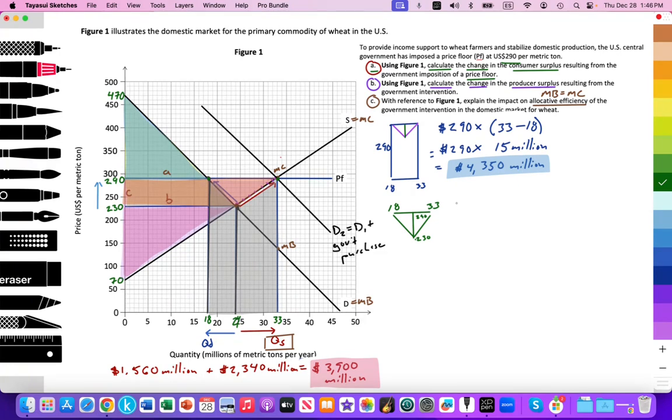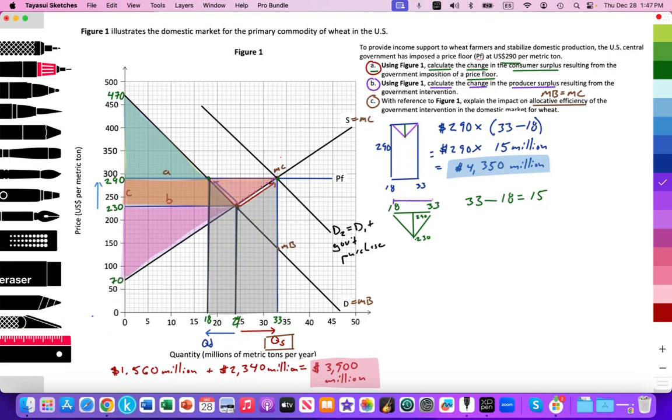All right, so these would be the workings, base times height. Let's do the base. 33 million metric tons minus 18 gives us 15. That's my base, the distance between here and here.